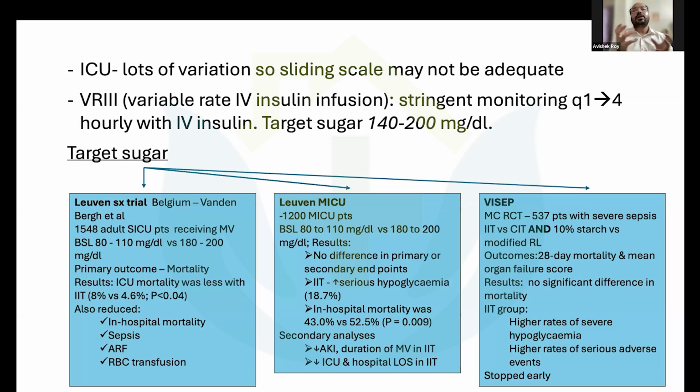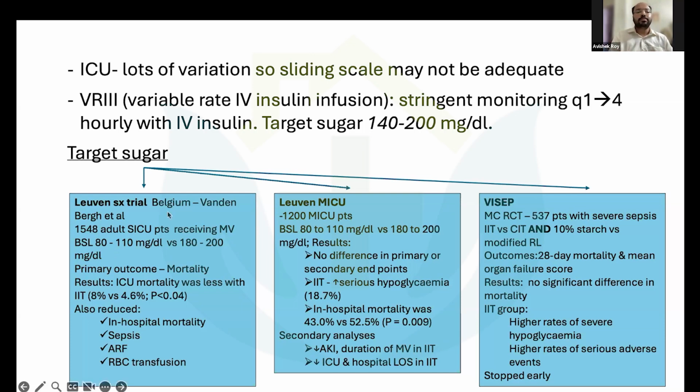Now, what should be the target sugar levels? For the sake of exams, we have to know three or four names of major trials that paved our path in determining the target sugar levels. The initial trials were in the early 2000s, where there was the Leuven surgical trial.